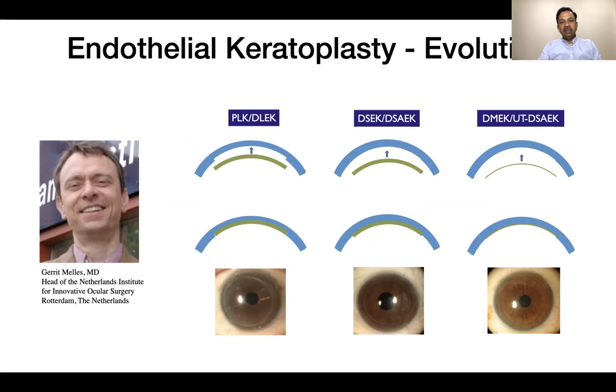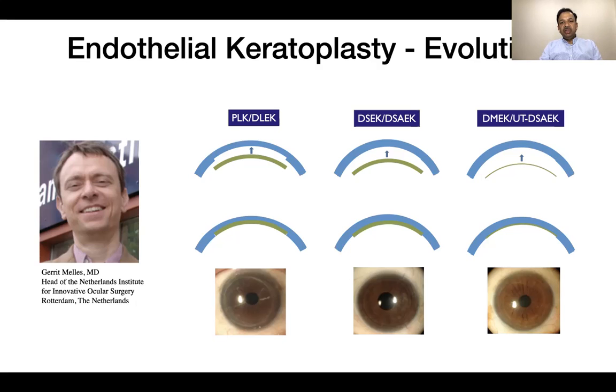In the initial technique, we used to dissect the host cornea, make a lamellar pocket, and then cut out a posterior disc measuring 8 millimeters in size, prepare a donor lenticule in the same way, and then try to fit the lenticule within the space that we had created. It required a lot of surgical manipulations. Although the visual outcomes were good, it never really became a very popular technique.